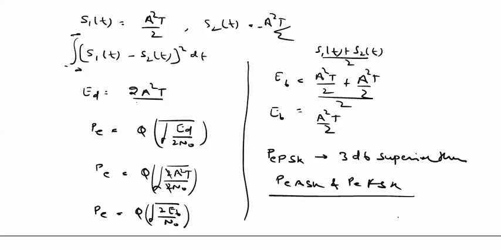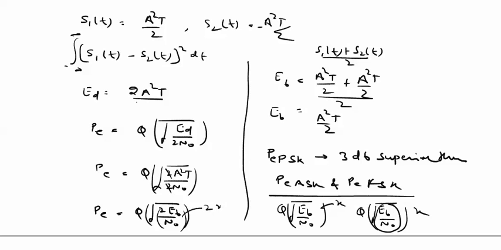We directly compare the component between the brackets. If the ASK formula is Q root Eb upon N naught, and the PSK formula is Q root of 2 Eb upon N naught, and if this term is X, and this term is another X, this is 2X. Double energy means 3 dB superior.